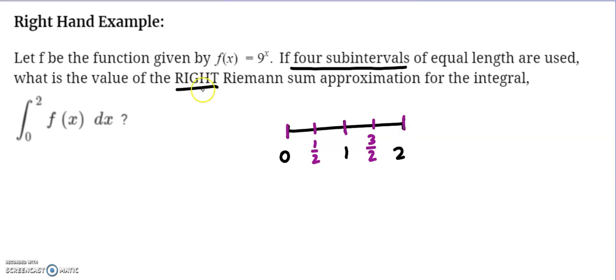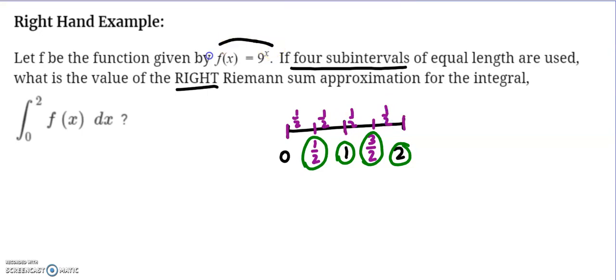And I'm supposed to use the right Riemann sums. So I need to find f of 2, f of 3 halves, f of 1, and f of 1/2. And then my widths are each going to be 1/2 wide. Well, to get the height of the function, I need to use f of x, which is 9 to the x.